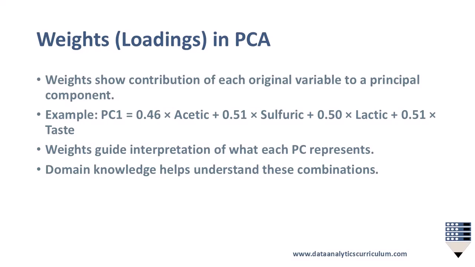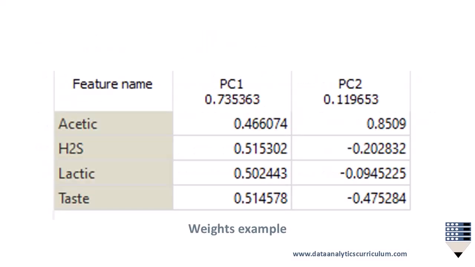For example, one component might be calculated as PC1 equals 0.46 times acetic plus 0.51 times sulfuric plus 0.50 times lactic plus 0.51 times taste. These weights tell us how much each original variable contributes to that component. We interpret the components based on which variables have the strongest weights.